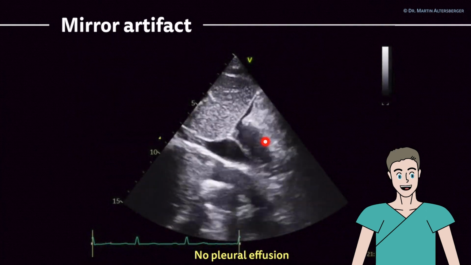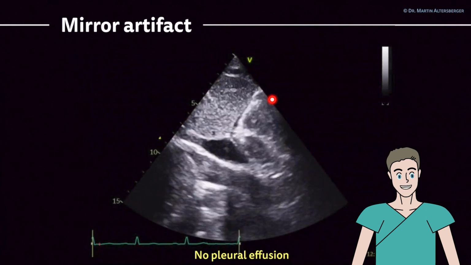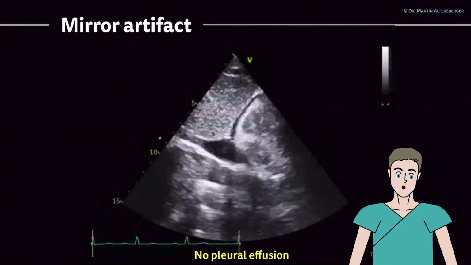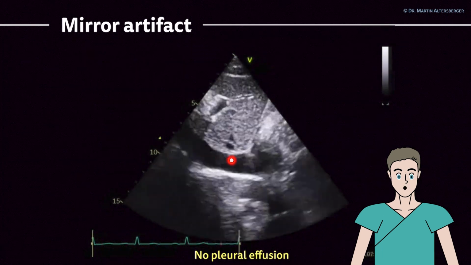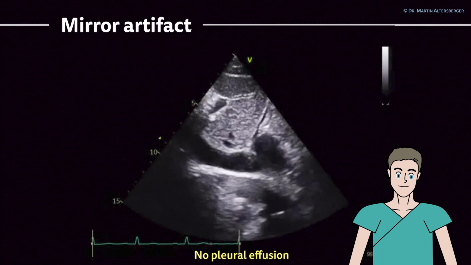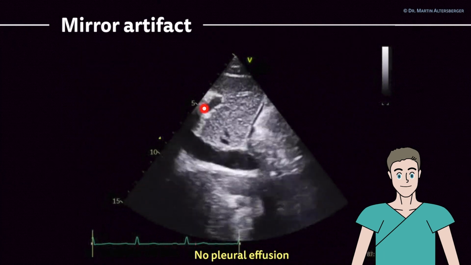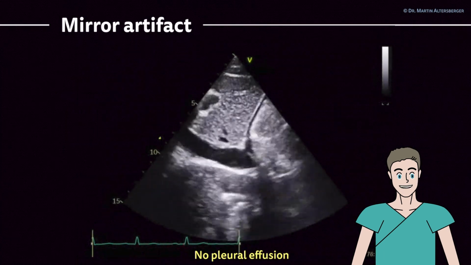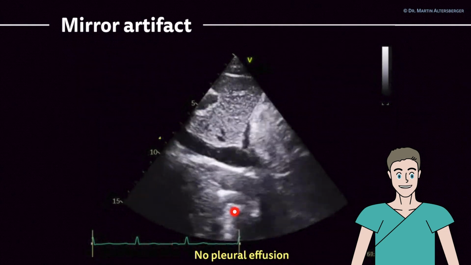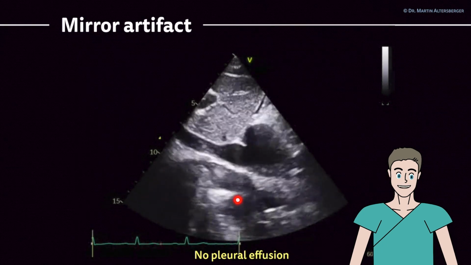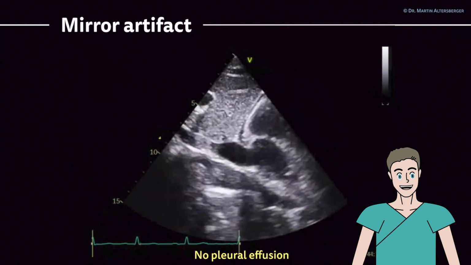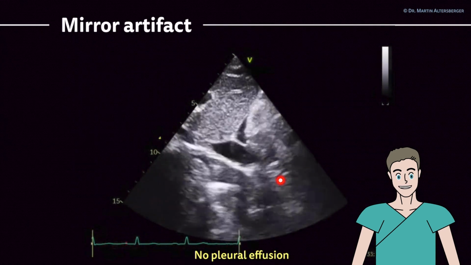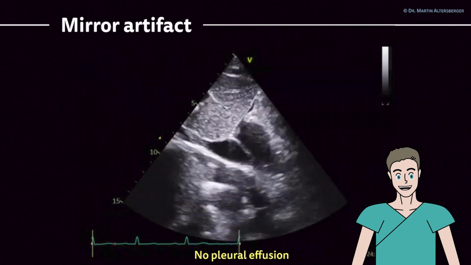You see here the heart, this trivial pericardial fluid. So this is not a pericardial effusion, simply normal amounts of free fluid. You see the inferior vena cava, which also doesn't look pathological. This is the liver, the portal venous system. And here in the area where you would suppose that there are lungs, you do see it's like a second heart. Of course, it's not a heart. It's this hyperechoic line, which is representing a mirror.